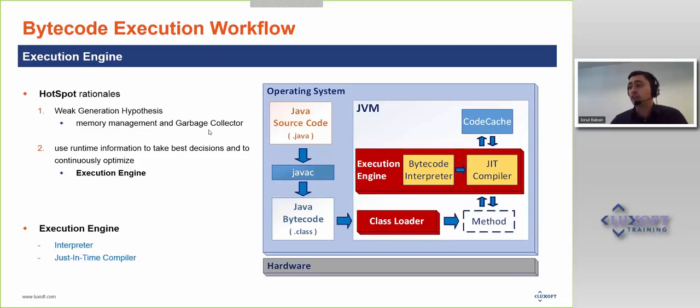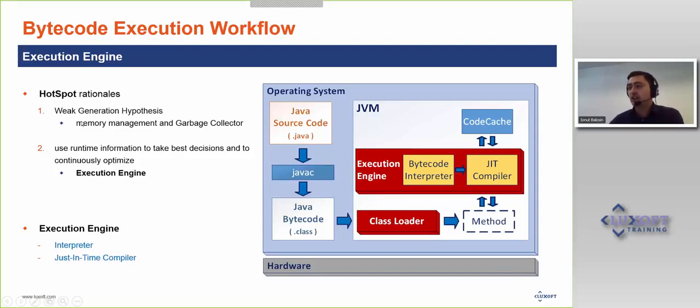And of course, we have several garbage collectors that are compliant with this memory split. But this is another topic. I won't insist too much on it. The topic that is interesting for our presentation is the execution engine.